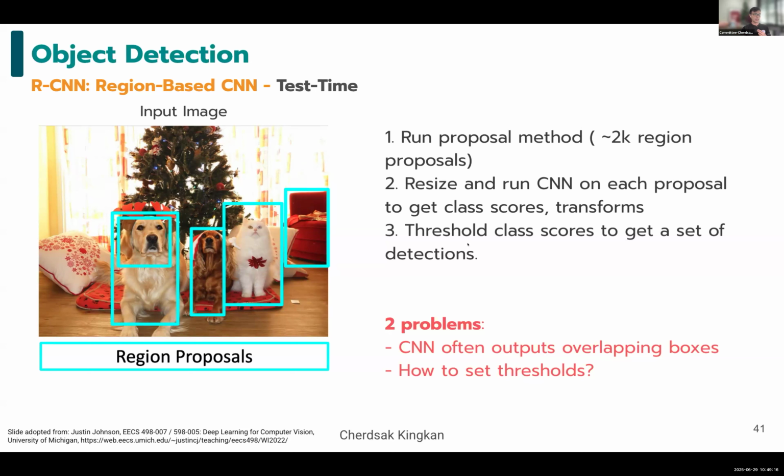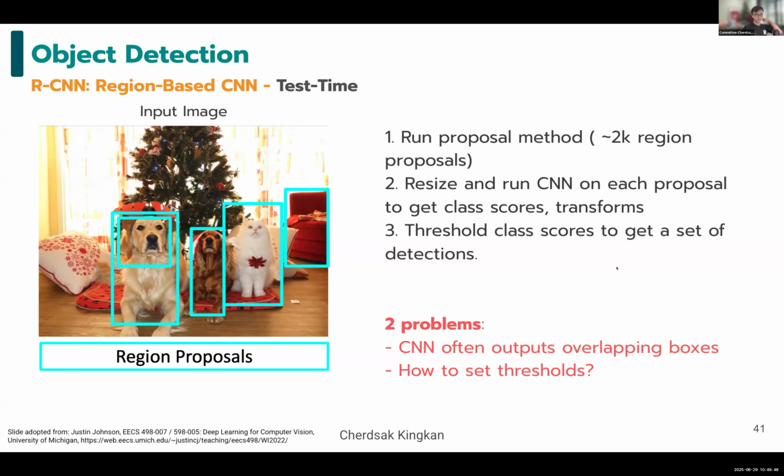We set a threshold: if a region has a probability greater than some threshold, let's say 0.8, we are going to keep that region and take it as a prediction of that particular object. Then we know that this region within the image is the dog, and the location of the dog as well.